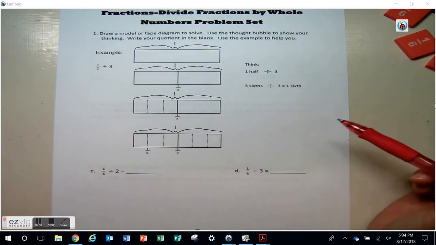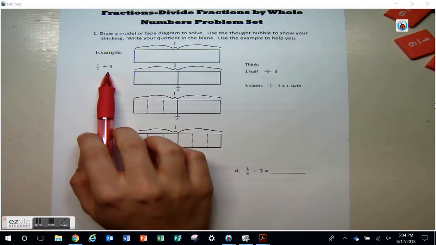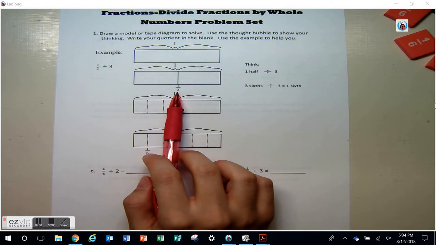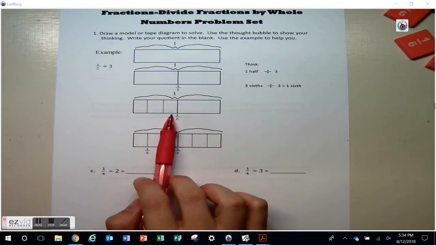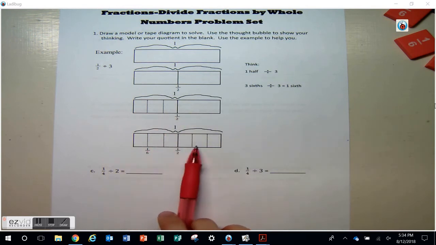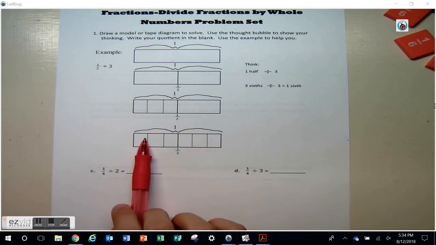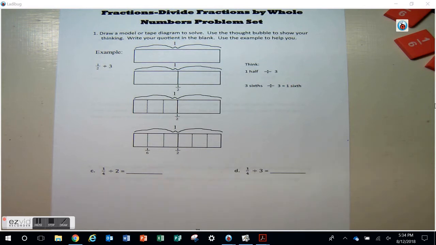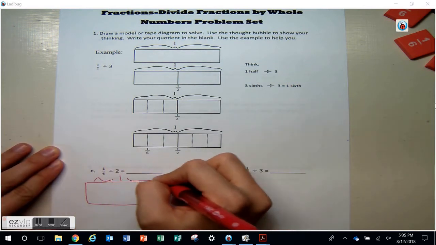This one is done for us. 1 whole, here we have 1/2 divided by 3, so I have my 1/2. I split it into 3 groups. How much is in each group? Well, to do that, I see I have the whole, and I have 1, 2, 3, 4, 5, 6. So each one is worth 1/6. Here I have 1/4. So I'm again going to draw my whole.